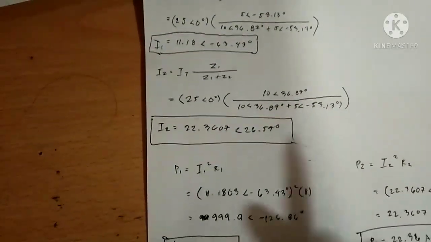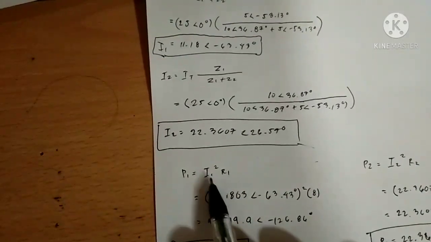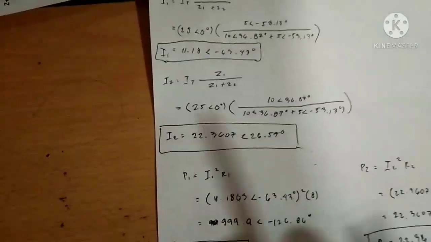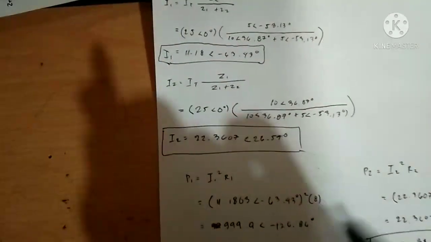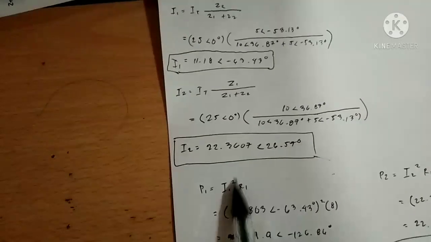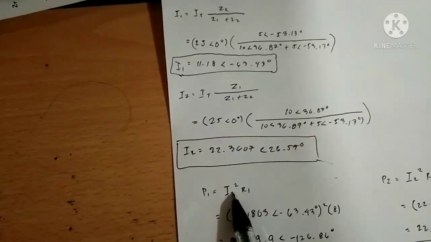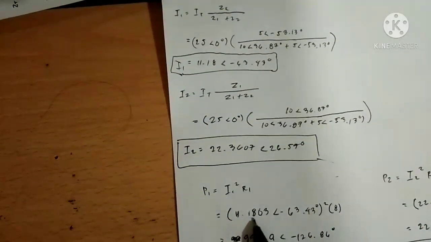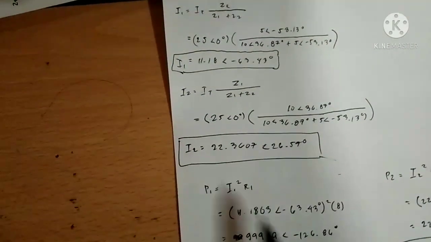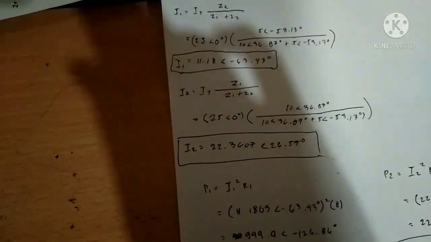Now that we have both I1 and I2, and we also have the impedances as given by the question, we can solve for P1. P1 is equivalent to I1 squared times R1. R can be found in the impedance value: the real part of the impedance value is the resistance. So we substitute again. We just solved that I1 is equivalent to 11.1803 angle negative 63.43 degrees, so we square that, because that's in the formula, times 8, which is our resistance there.